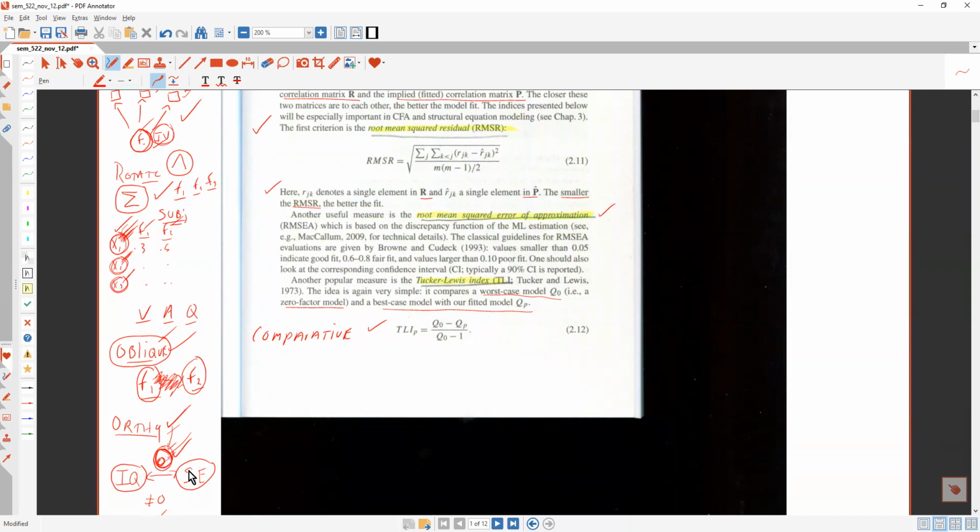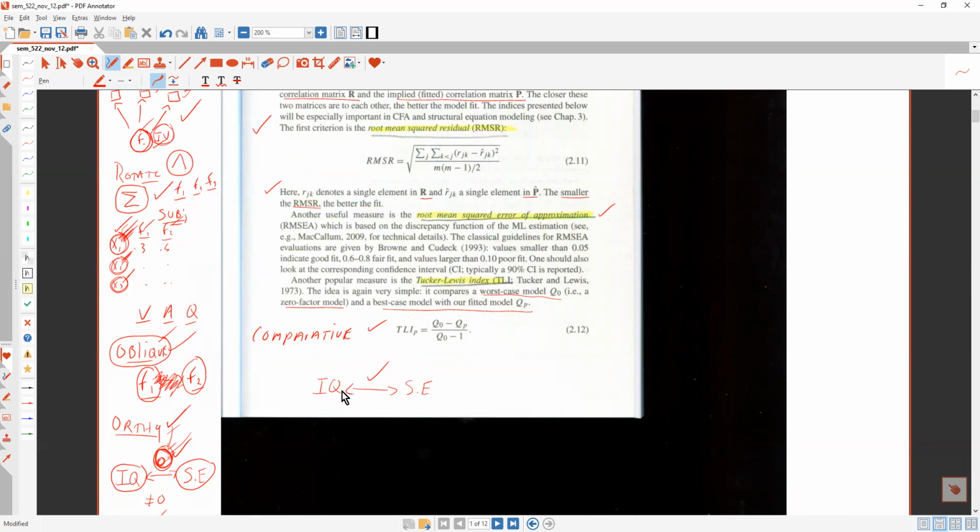When I say you may choose to model that path, I'm allowing it to be estimated, right? I'm allowing the path from IQ to self-esteem to be modeled. In other words, I'm asking the computer or the algorithm, you can go ahead and model that.